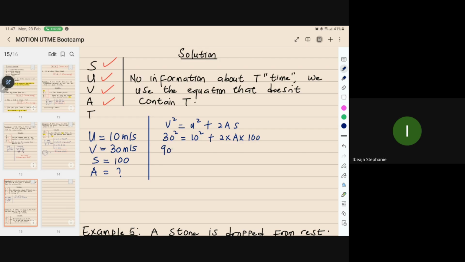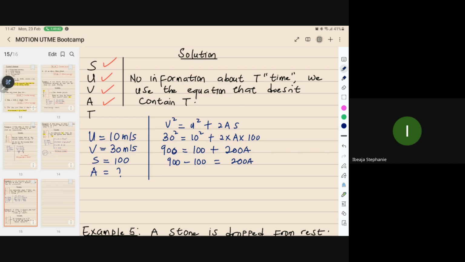So this will be 900 is equal to 100 plus 200A. Sorry, let's collect like terms. So we're going to have 900 minus 100, normal mathematics, is equal to 200A.